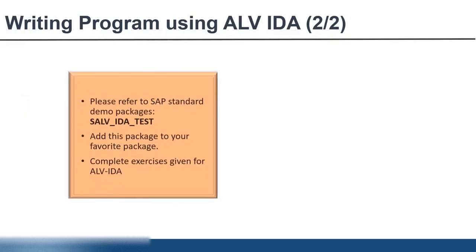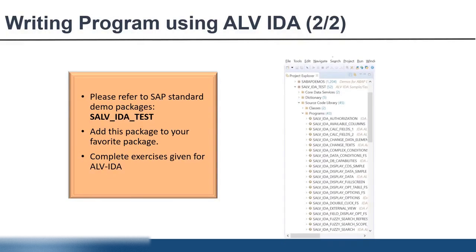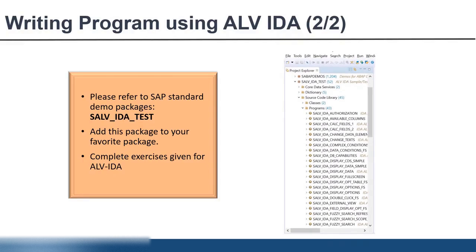So if you want to write your own ALV IDA program, then SAP has given us a standard package, SALV_IDA_TEST, under which they have given us a list of standard programs for different ALV functionalities. So you can have a field catalog in ALV IDA, you can have interactive ALV, you can also use select options in ALV IDA.